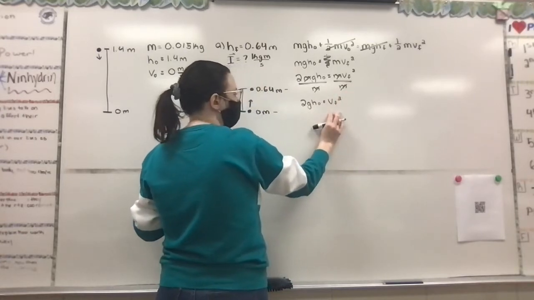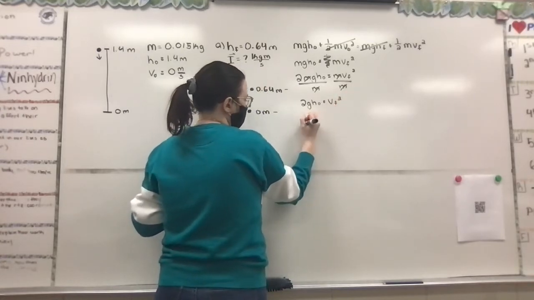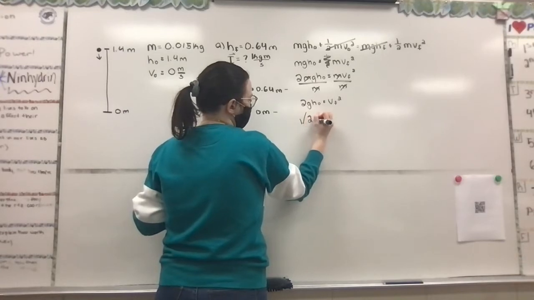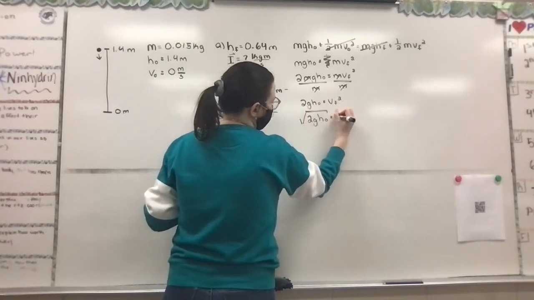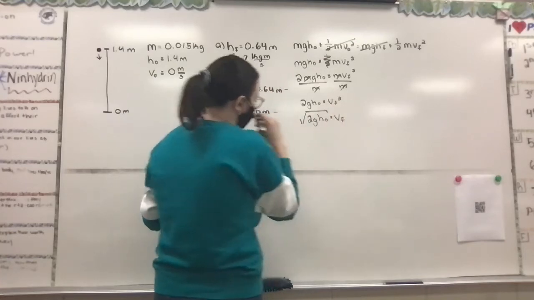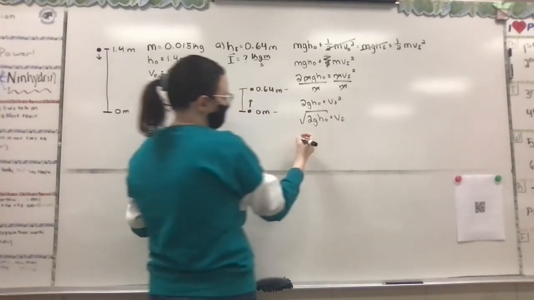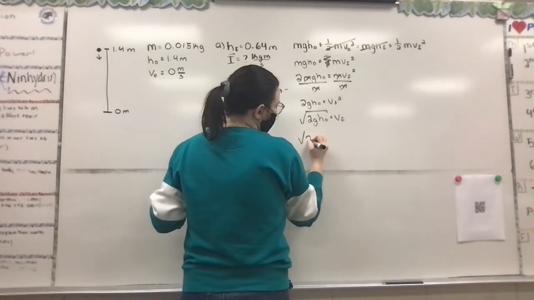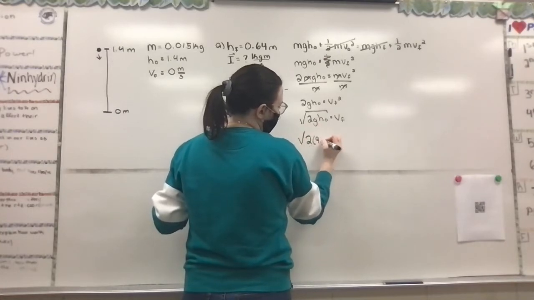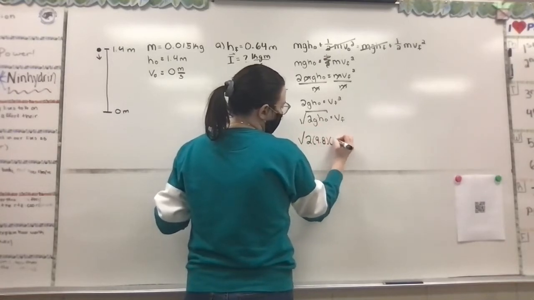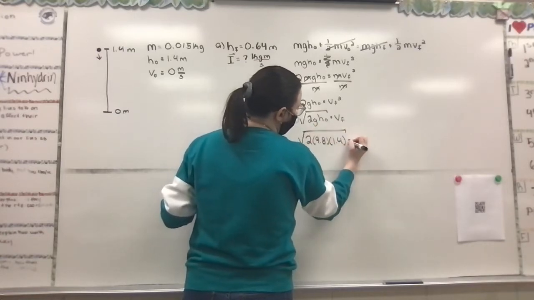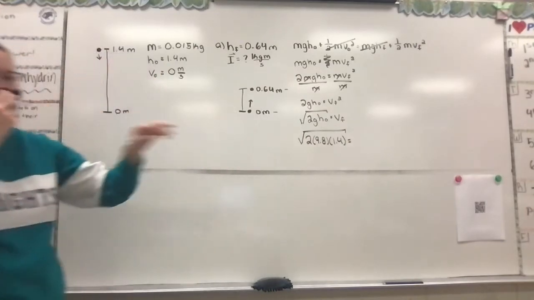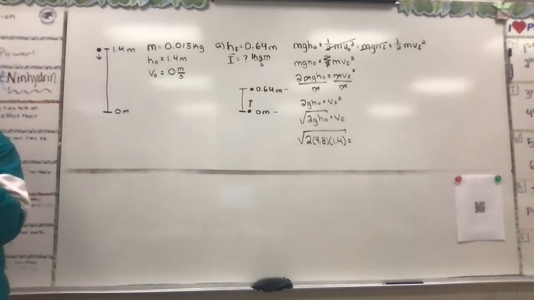And to get rid of that squared, we take the square root of 2gh naught, which is equal to our final velocity, okay? So you do 2 times 9.8 times 1.4, and this gives us our velocity right before we hit the ground, okay?